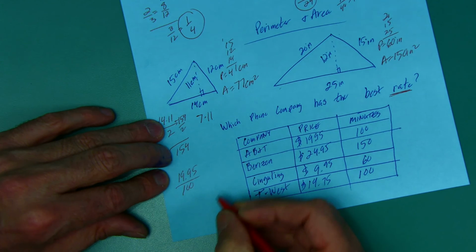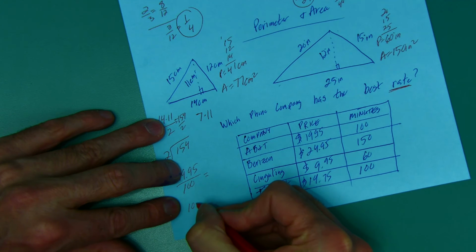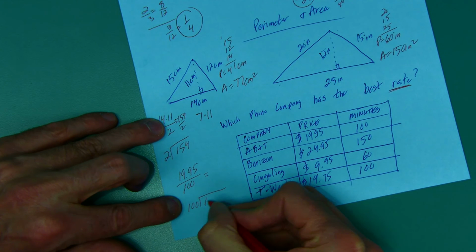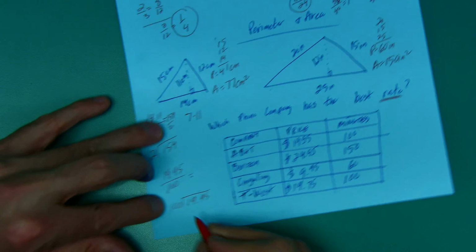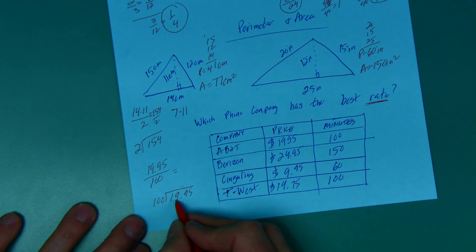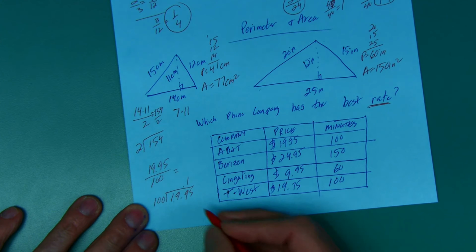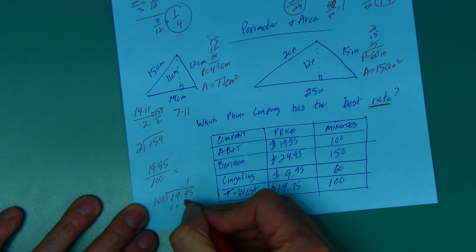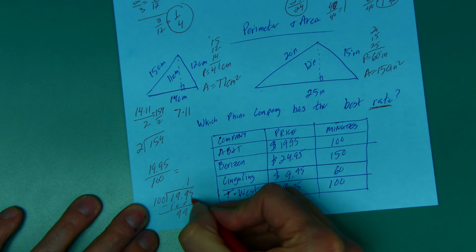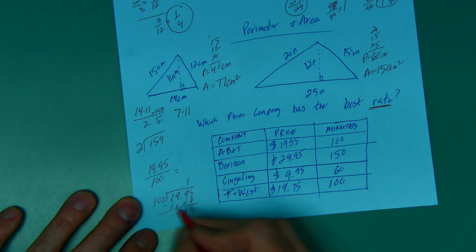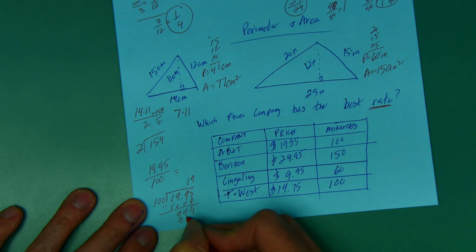per 100 minutes. I divide the bottom into the top. Now check this out. It won't fit into 1. It won't fit into 19. It will fit into 199 one time. 1 times 100 is 100. I subtract, I get 99. What do? Bring down the next number. It fits into 995 9 times. 9 times 100.